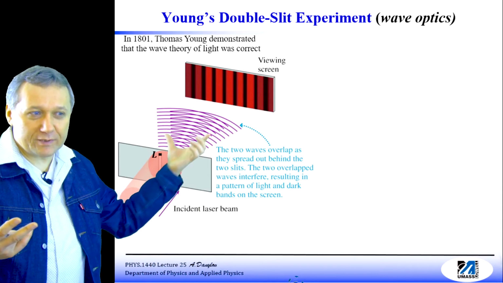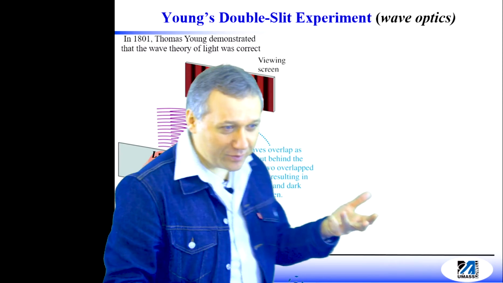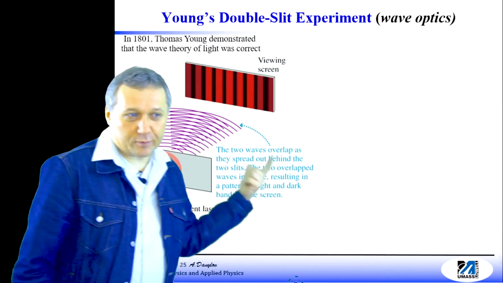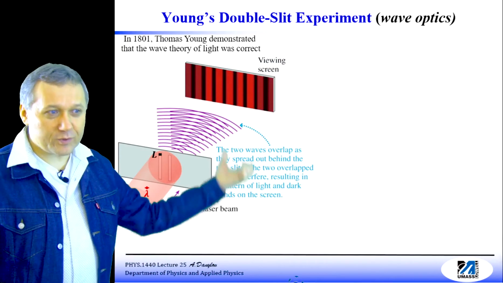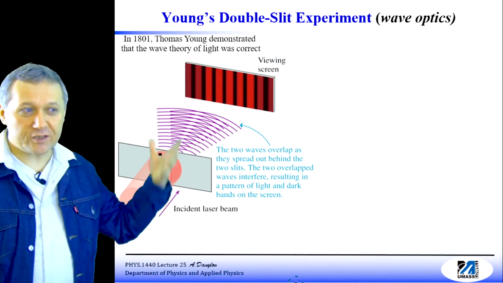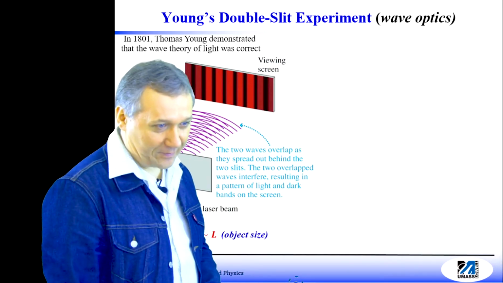So of course both of these waves have exactly the same properties. They have the same amplitude, the same wavelength, and the same period or frequency, right? So of course they're going to interfere, right? And we can use those conditions which we derived in the previous lecture, right?